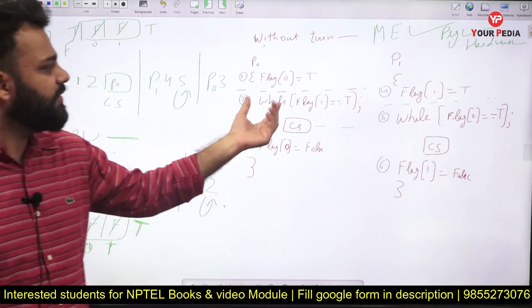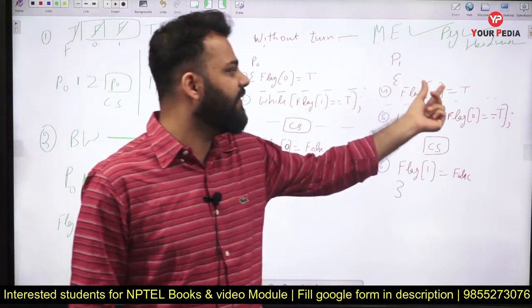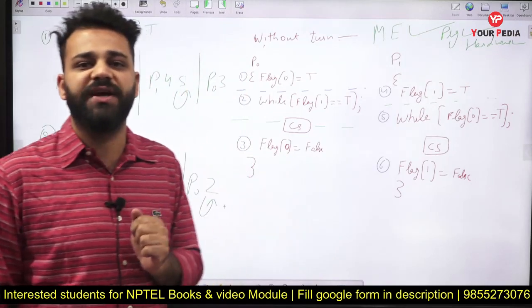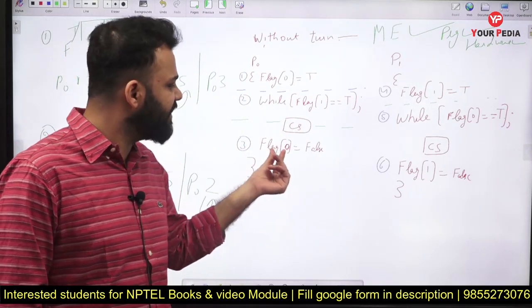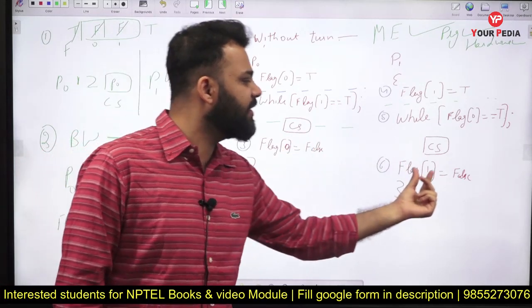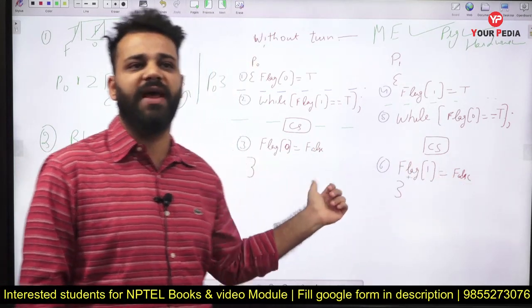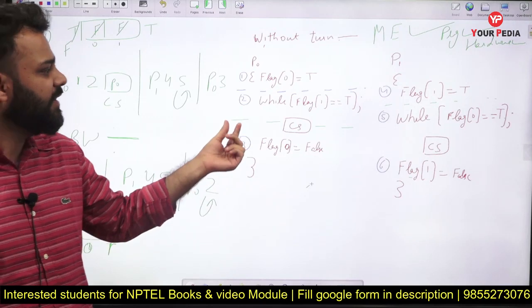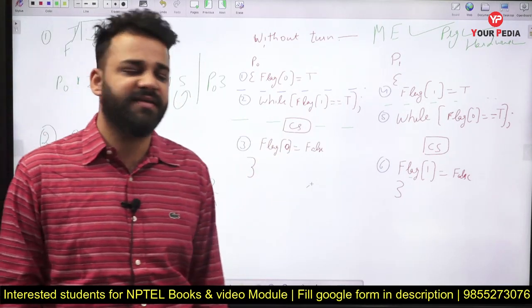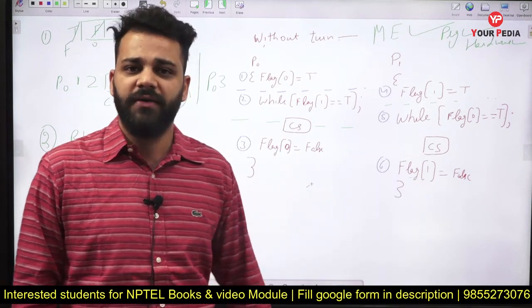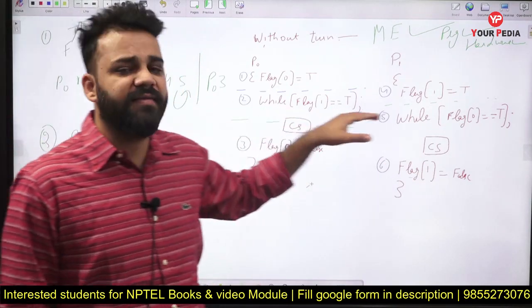Now there is no way to change these flag values to false, because in order to change the flag values you need to enter the critical section, and when you leave the critical section you change the flag to false, like flag 1 equal to false, flag 0 equal to false. But there is no way to enter the critical section. If you are not able to enter the critical section, you will not be able to change the value of the flag. So both cases are trapped here.